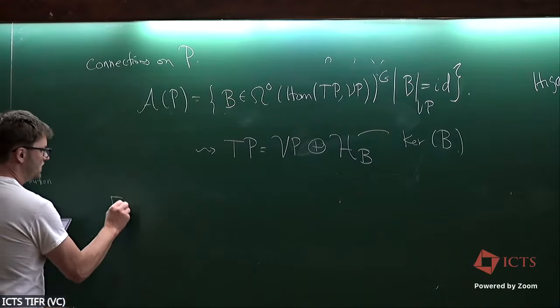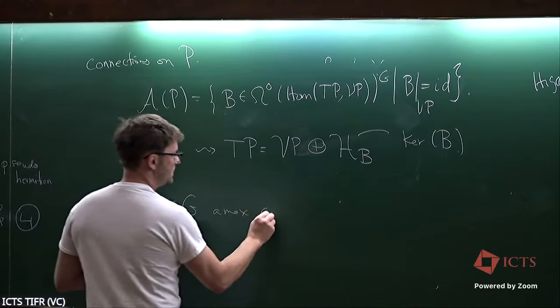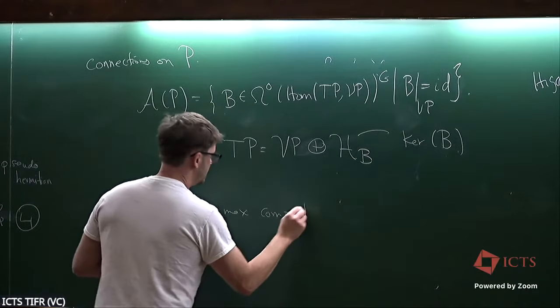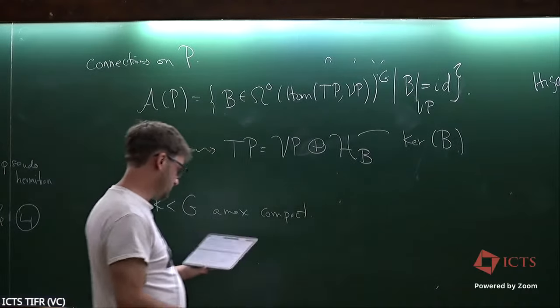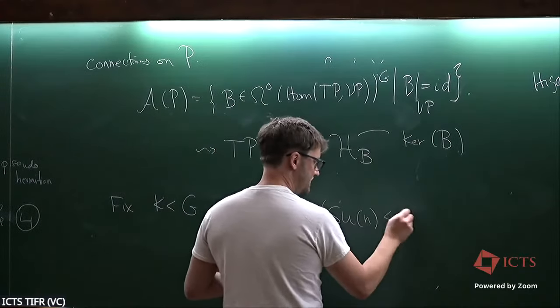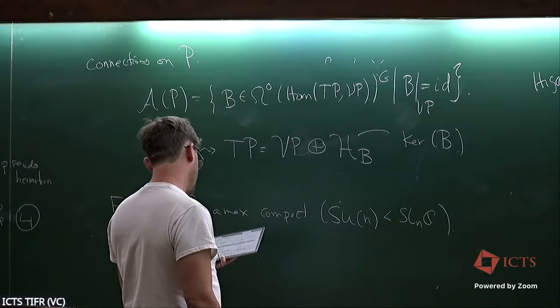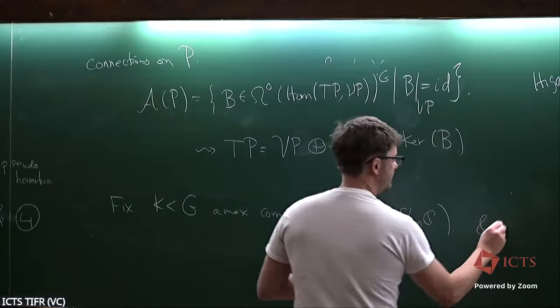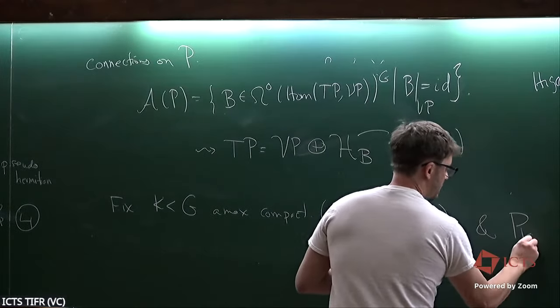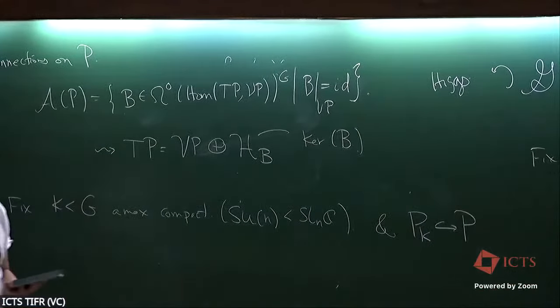So now let me fix K in G, a maximal compact subgroup. Okay, so we know what those are. Rui just told us. If you take SL_N(C), you're exactly looking at the special unitary group. And I also want to fix a structure group reduction of my principal G bundle to K. This is the principal bundle version of picking a Hermitian metric and fixing it.